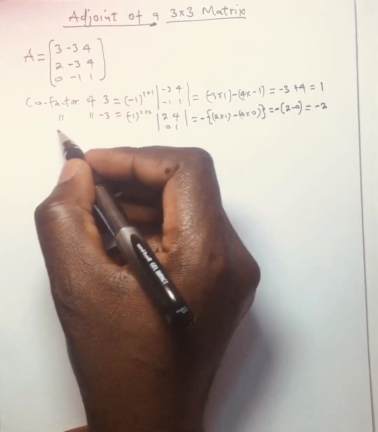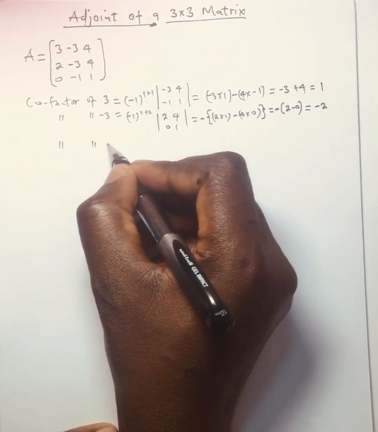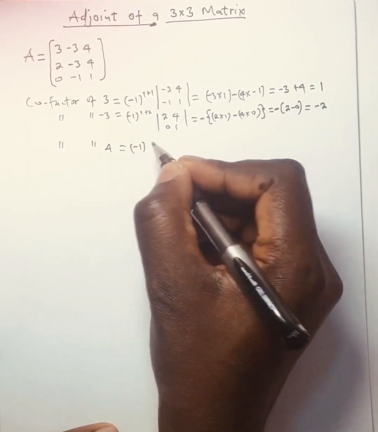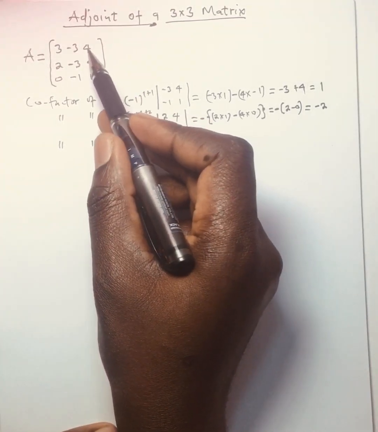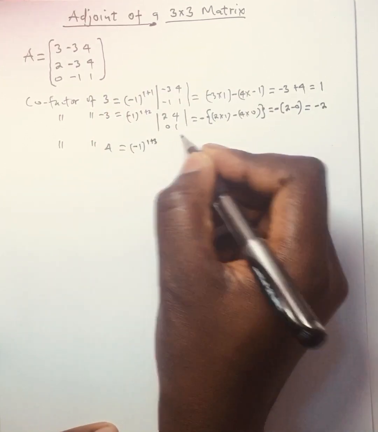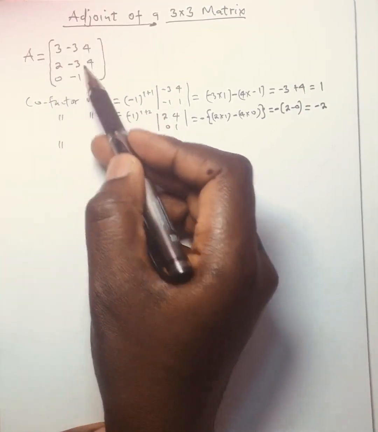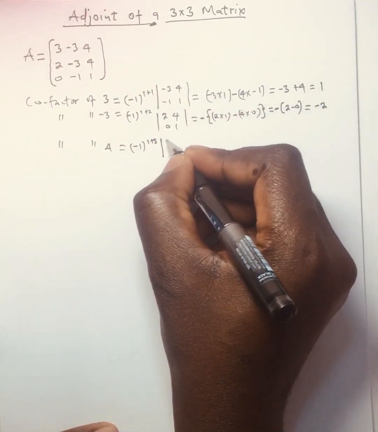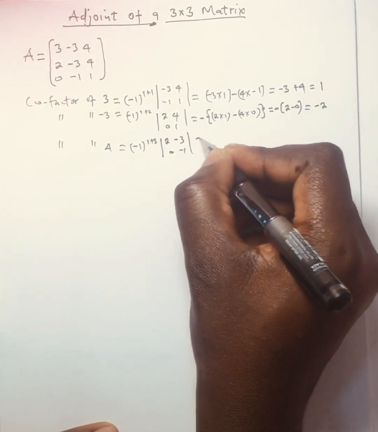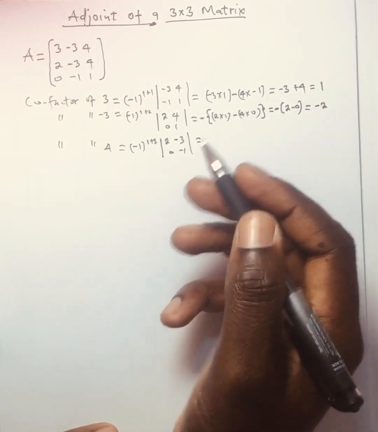Let us go to the next one, which is 4. The cofactor of 4 is given by negative 1 raised to the power of its position, row 1, column 3. When you cover its row and column, you are left with the small matrix 2, negative 3, 0, negative 1. Because 1 plus 3 is 4, which is even, the negative will not hold.